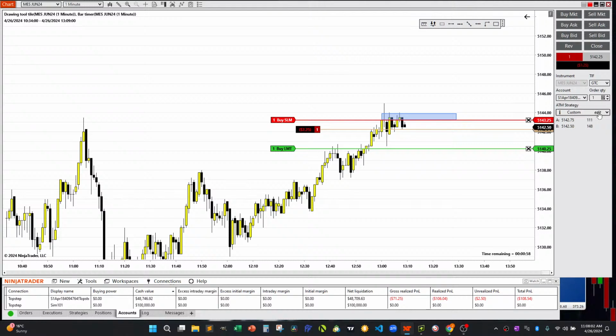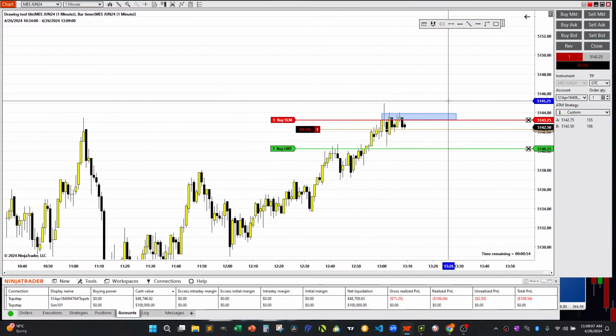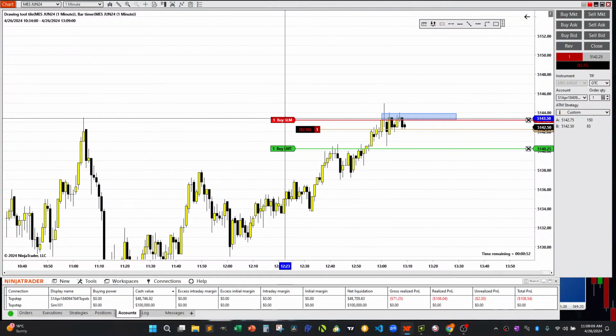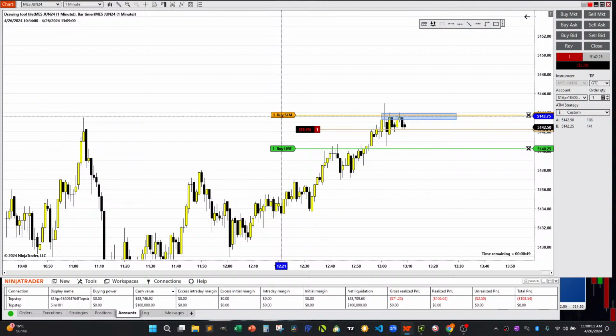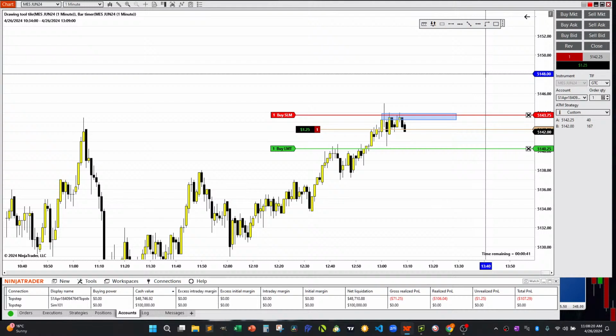I need just a little bit more distance on the stop. Four might be a little too snug.